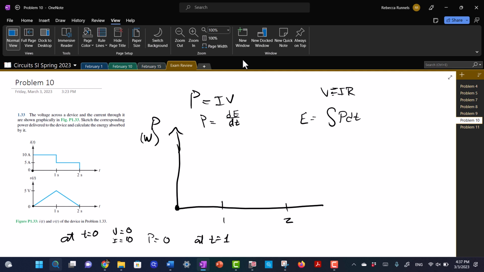At t equals 1, our voltage is 5 volts, and our current is 10 amps. So our power is 50 watts. Oh, I should have made a negative side on this.